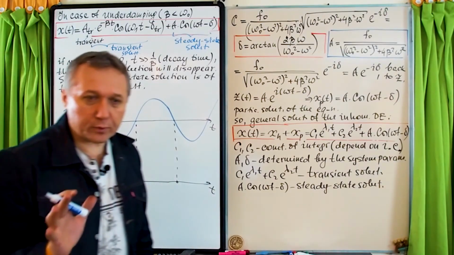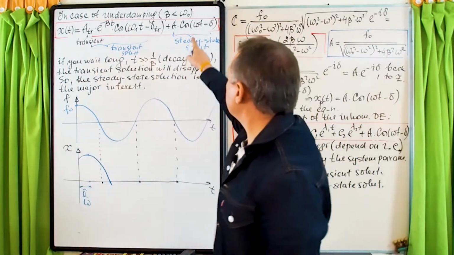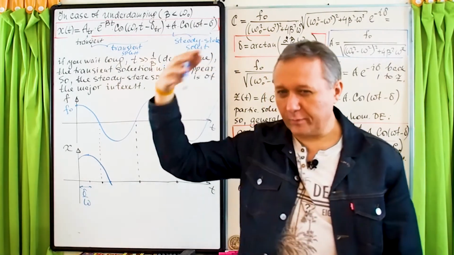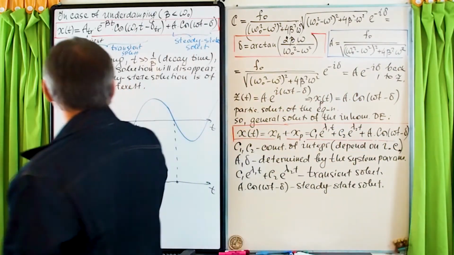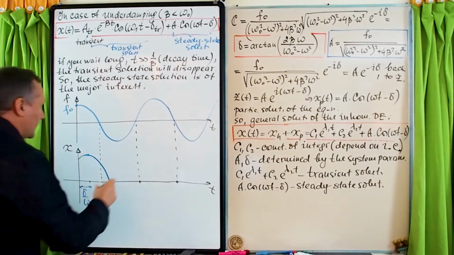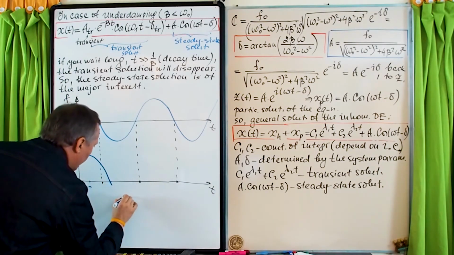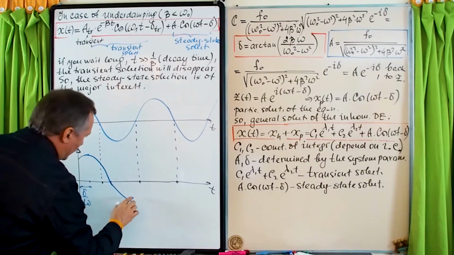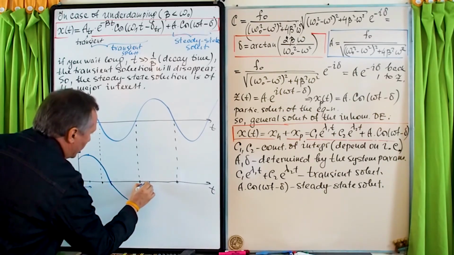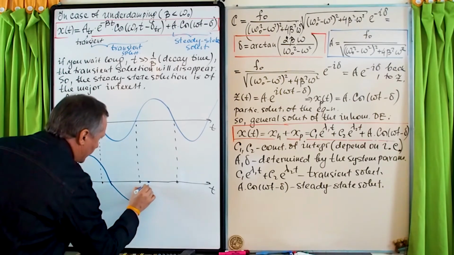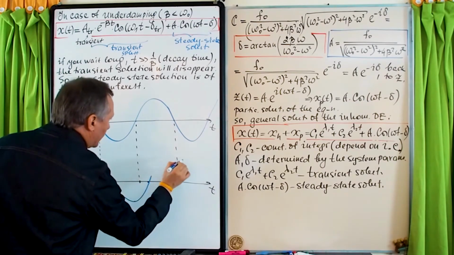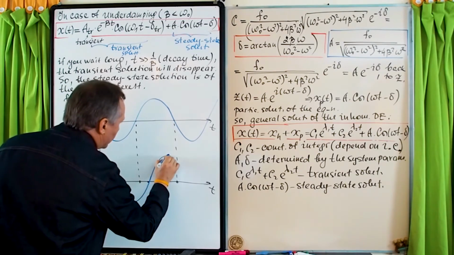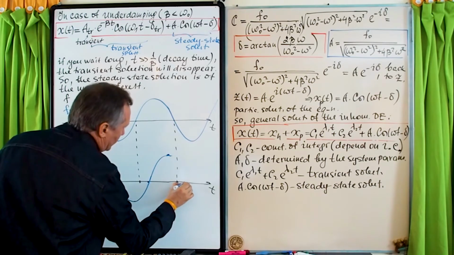So something like this. Right now, I'm plotting only the steady state part of the solution. And then on top of that, I will show the transient solution. Then the maximum will be shifted over here somewhere. Then again it crosses 0, with a shift, then again reaches maximum, being shifted, and again 0.